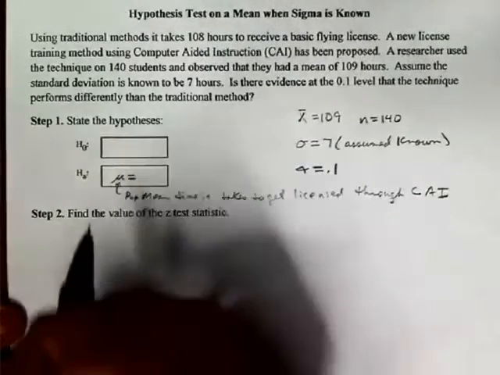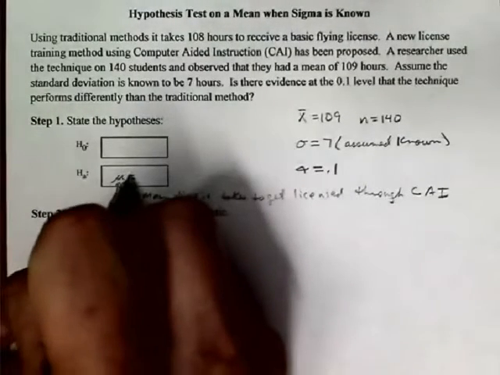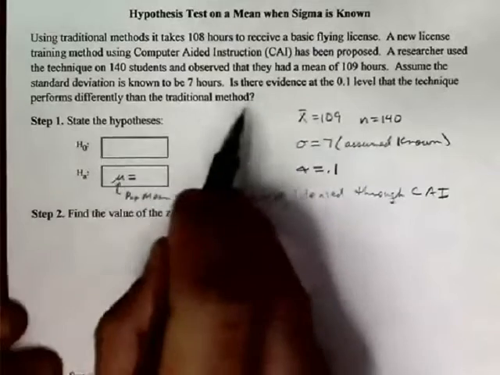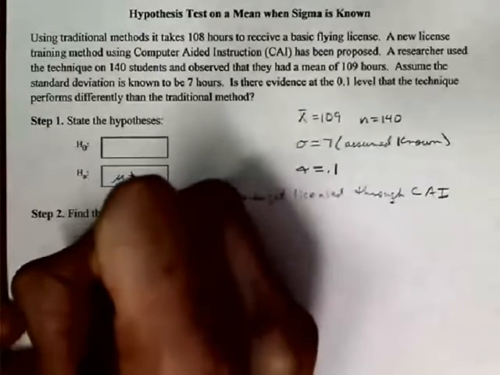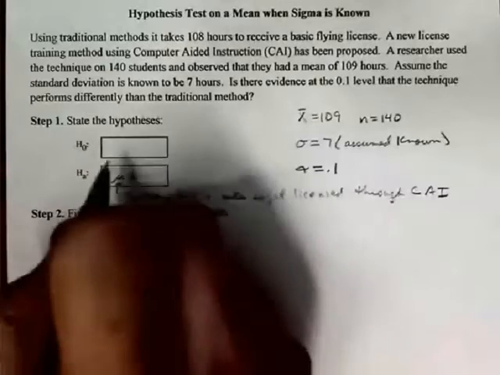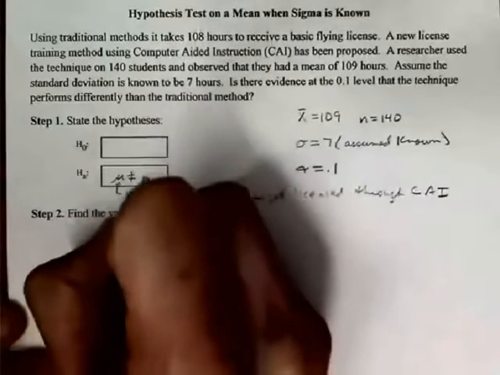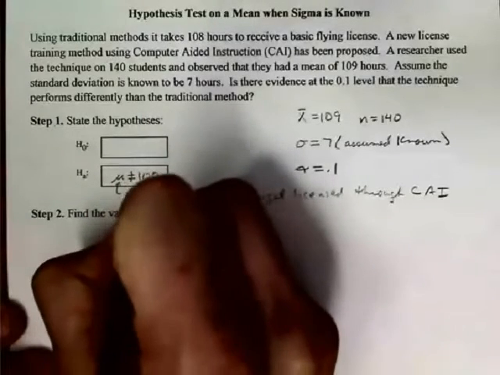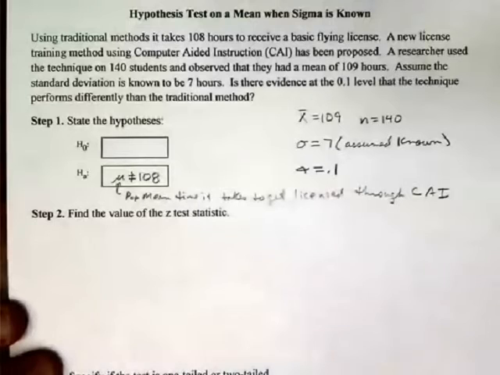Is there evidence to conclude that the mean time it takes with this new technique is different than the time it takes for the regular technique? So do we have evidence to conclude that mu is different than 108? That would be the alternative. That is the research question here.